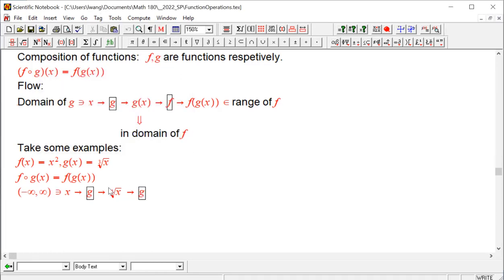Does this fall in the domain of F? What's the domain of F? Domain of F is all real numbers. So we ended up in all real numbers. And then we apply the rule of F, and we're going to square the input.